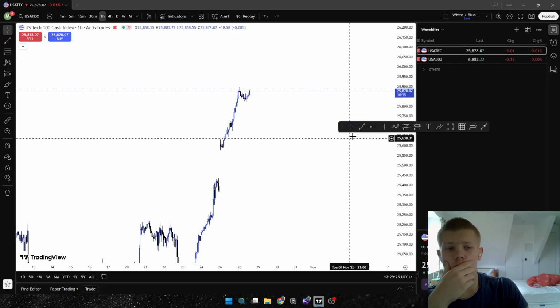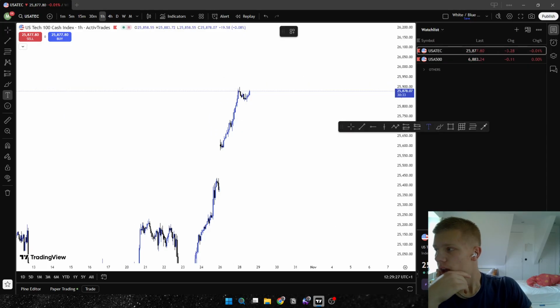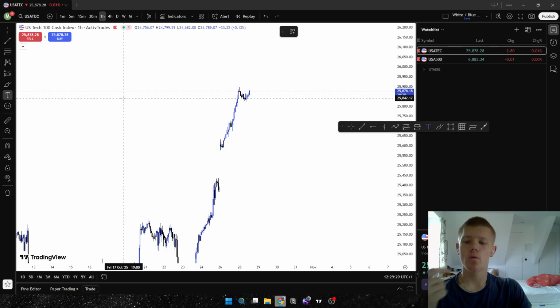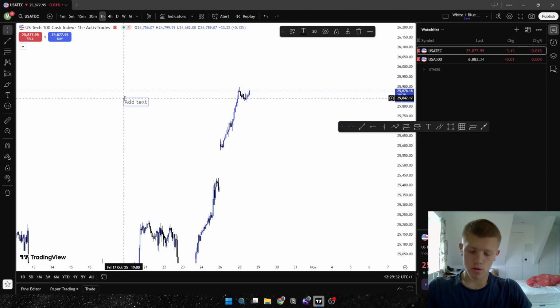It's not the most used confluence that I use, but I use it from time to time, so I'll just go over it simply. So, order blocks. What are order blocks, how can we spot them, and what do they mean? Let me write it out like this.